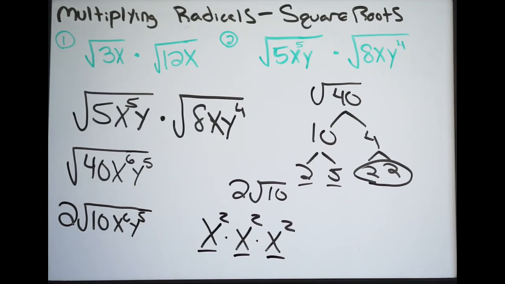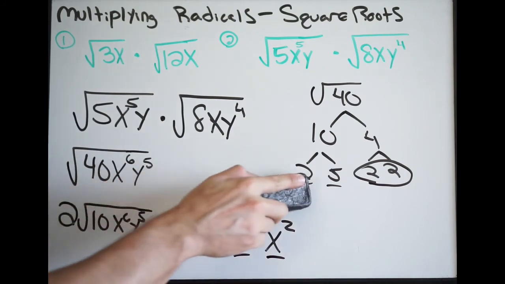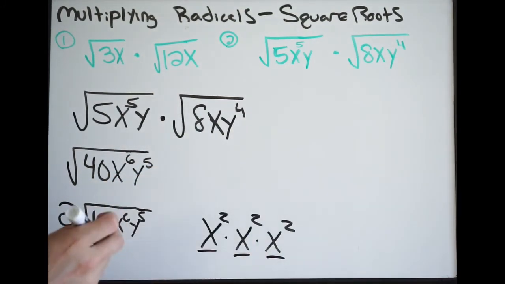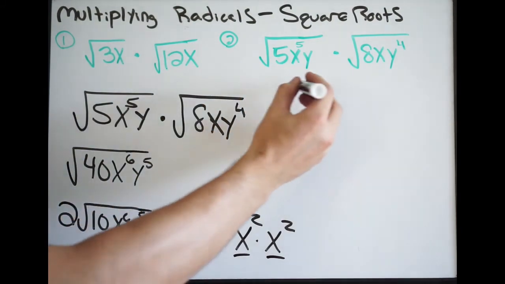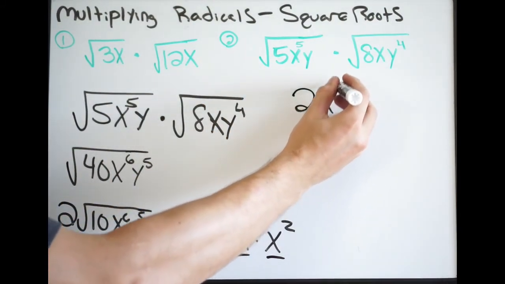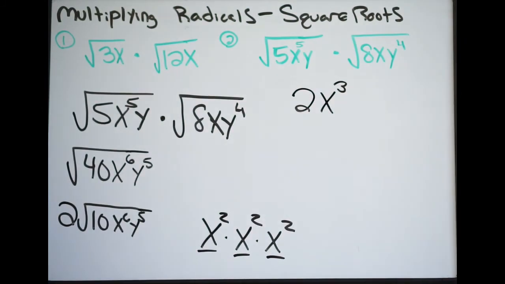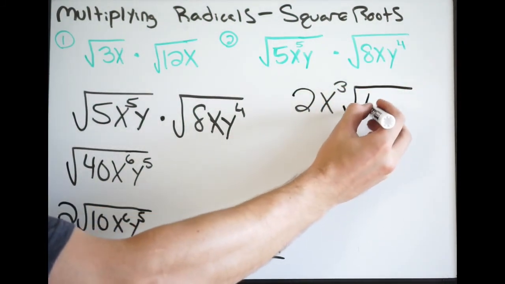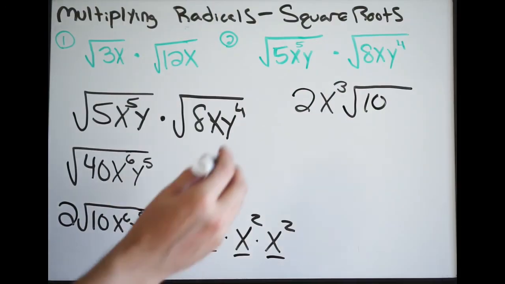Let's go ahead and rewrite what we have now. I'm going to erase this. We're going to pull out 3 x's, so in this case, we get 2x cubed, because x times x times x is x cubed. And then we get the square root of 10, and then we just get y to the 5th.